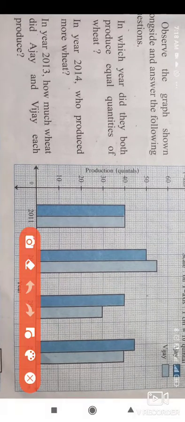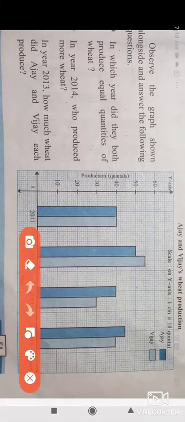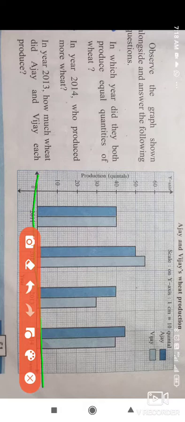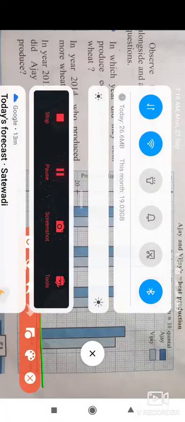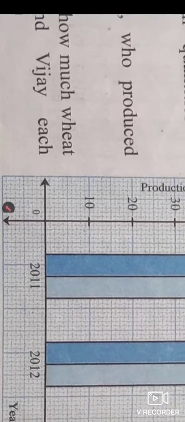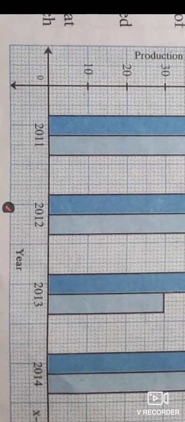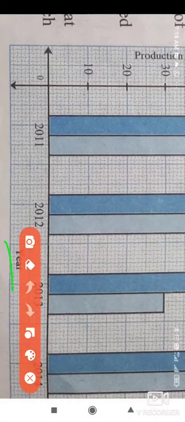Okay, now we will draw the graph. This is the empty graph. You know that this is the x-axis, the horizontal line downside, and this one is the y-axis. On both axes, the origin is 0. Then on the x-axis we write the years: 2011, 2012, 2013 and 2014.